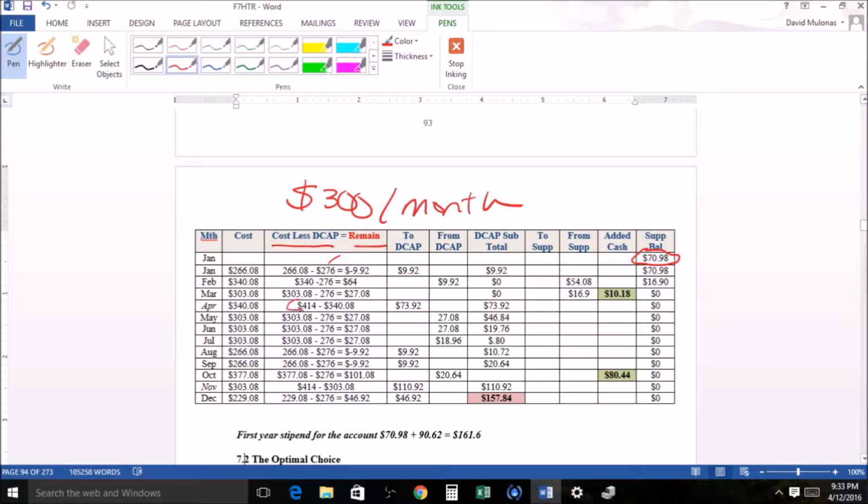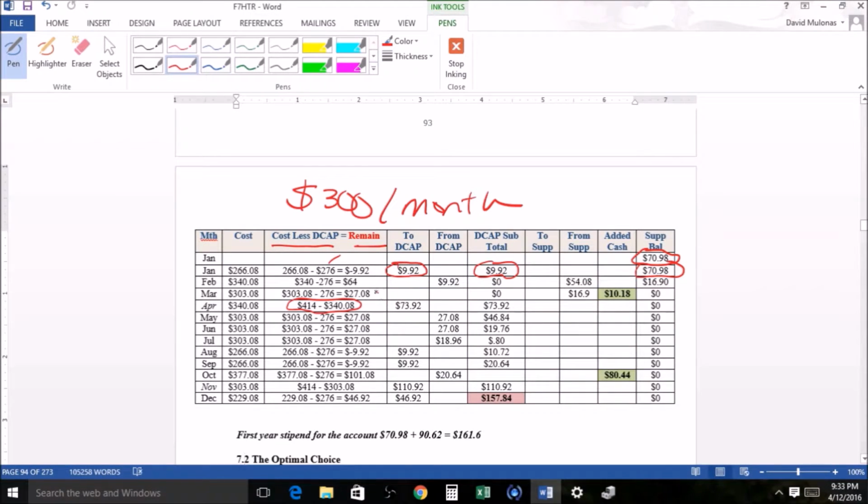However, over here, 414 is really what's coming in, and it's 340.08, so there's actually a surplus there as well. You know that math says $276 less $266.08 leaves $9.92 remaining in Jasper's account. And then hence we update the subtotal, and the $70.98 in his supplemental is $70.98.